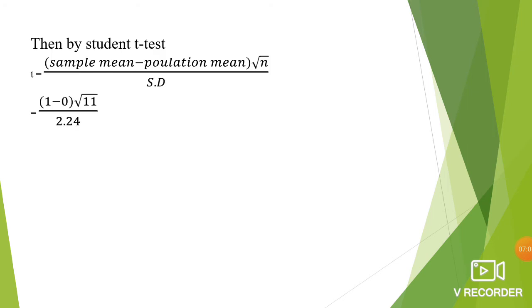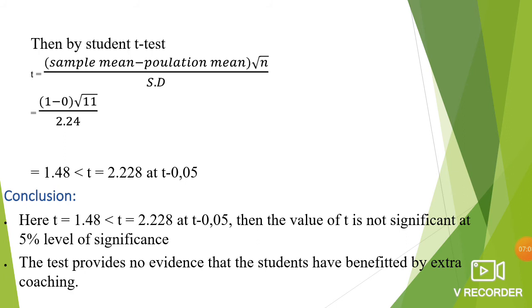We got the calculated value 1.48, less than the table value, so we accept the hypothesis. The students will not be benefited by the extra coaching is the conclusion.